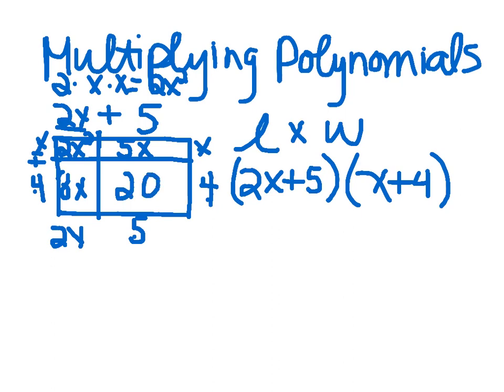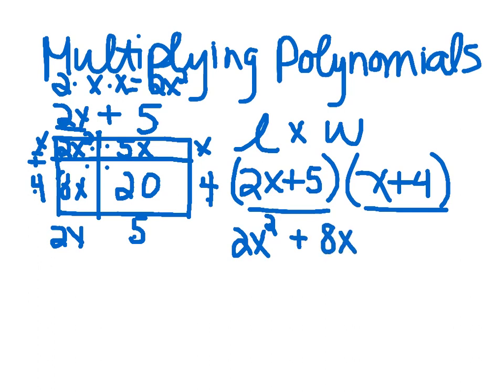So if I add up the areas of these smaller rectangles here, I will have the product of 2x plus 5 times x plus 4. And we can see that that is 2x squared plus 8x, although that 8 is a little hard to read, plus 5x plus 20.